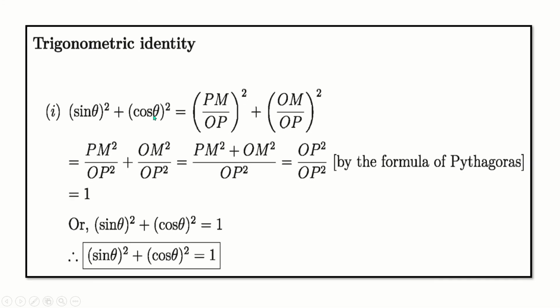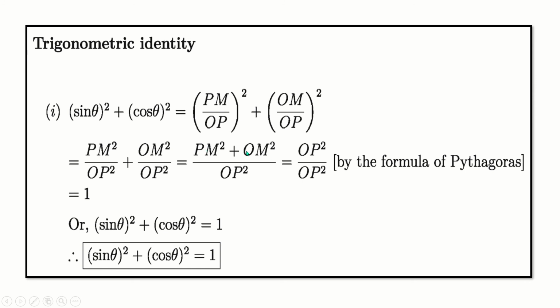Sin square theta plus cos square theta. Sin theta whole square and sin square theta are the same. Cos theta whole square and cos square theta are the same. So sin theta whole square plus cos theta whole square, sin theta is equal to PM by OP whole square, cos theta means OM by OP whole square. Now this is equal to PM square by OP square plus OM square by OP square. This is equal to PM square plus OM square by OP square.